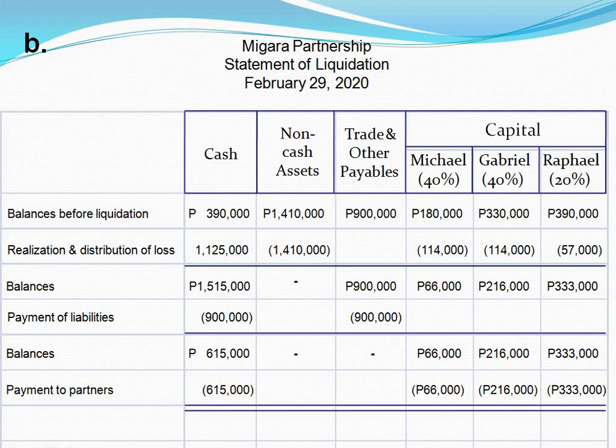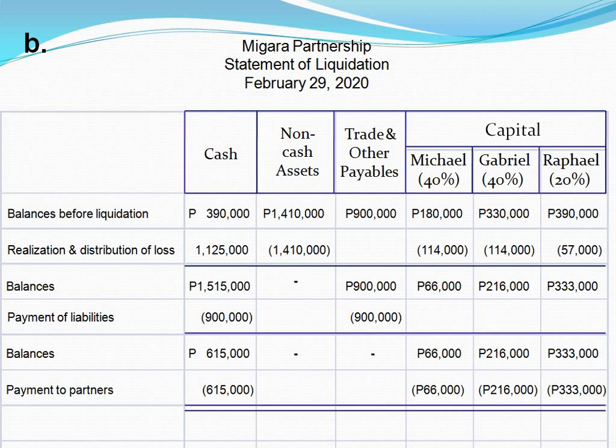How much is his share in the loss? 57,000. 390,000 minus 333,000. Now, if his profit and loss share is 20%, then if we divide 57,000 by 20%, then we get the total loss on the sale of the non-cash assets.